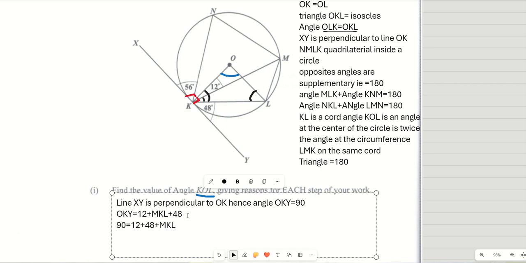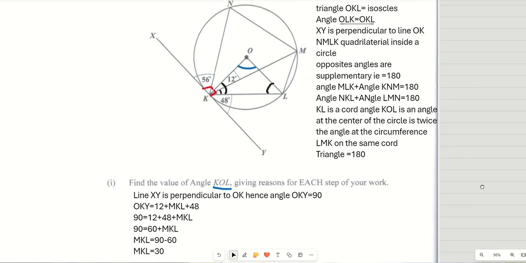So 48 plus 12 is 60. 90 is equal to 60 plus MKL. So MKL would be equal to 90 minus 60. So MKL is equal to 30 degrees.